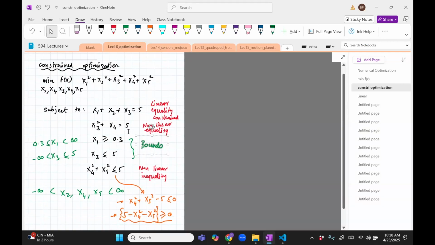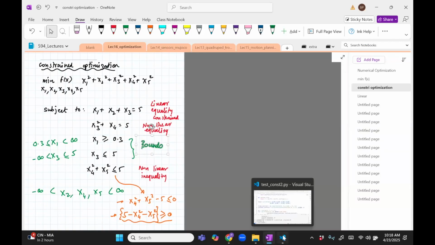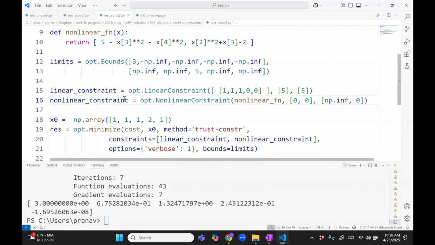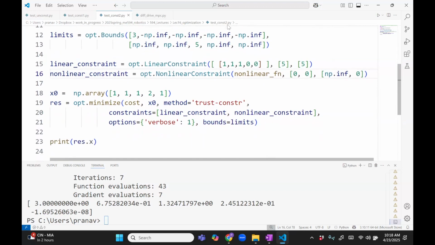That is an equality constraint equal to 5. So here it is specified as equal to 0, with the lower bound 0 and the same upper bound. This is a framework where it puts all the linear constraints together or the nonlinear constraints together, unlike the other SLSQP, and then it just runs through this.